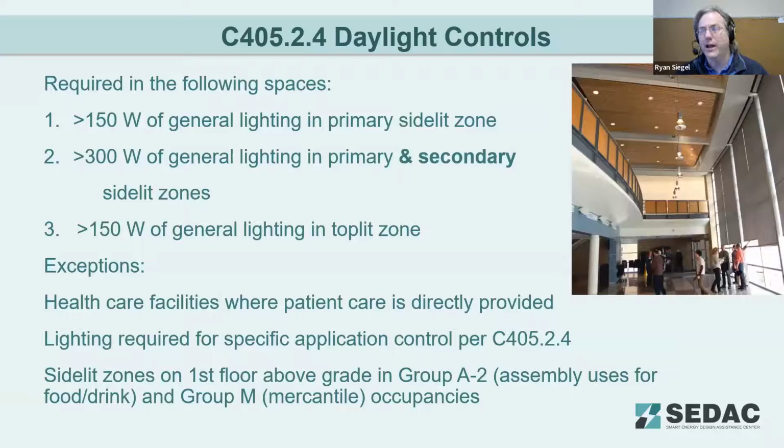And then there are some specific application controls called out in a later section, C405.2.4. That is where you'll have specific applications, commonly things such as display lighting, where it may be on a different schedule than your general facility lighting. Also, for first floor applications in Group A2.